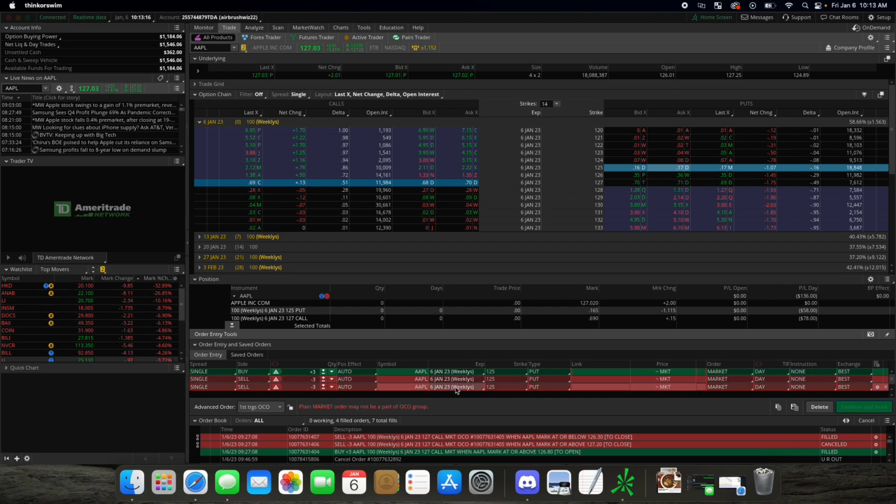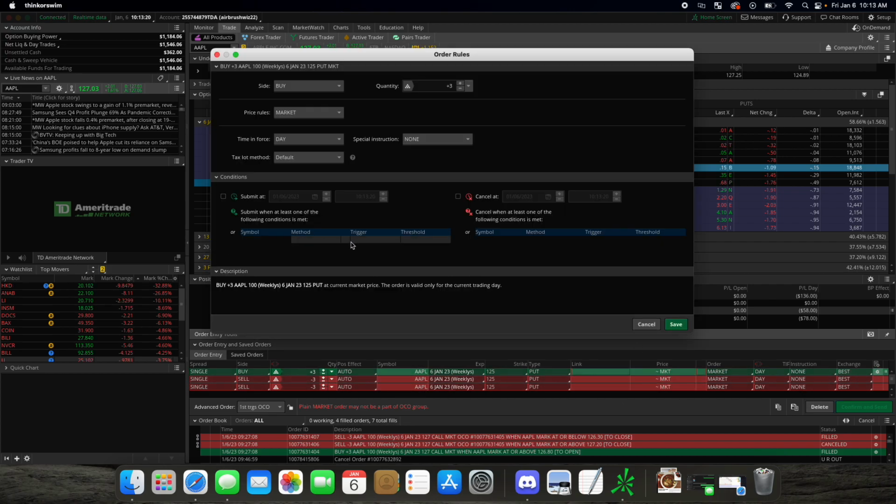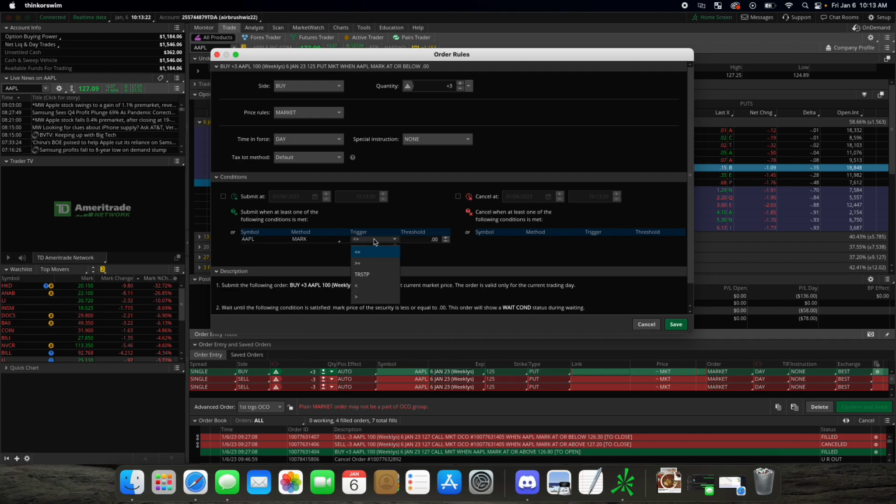Our sells of the contract is in red. Now we're going to go over here, symbol, trigger. We're going to do the at or below, below or equal to, my bad. So 50 cents off of 124.60 is 125.10.